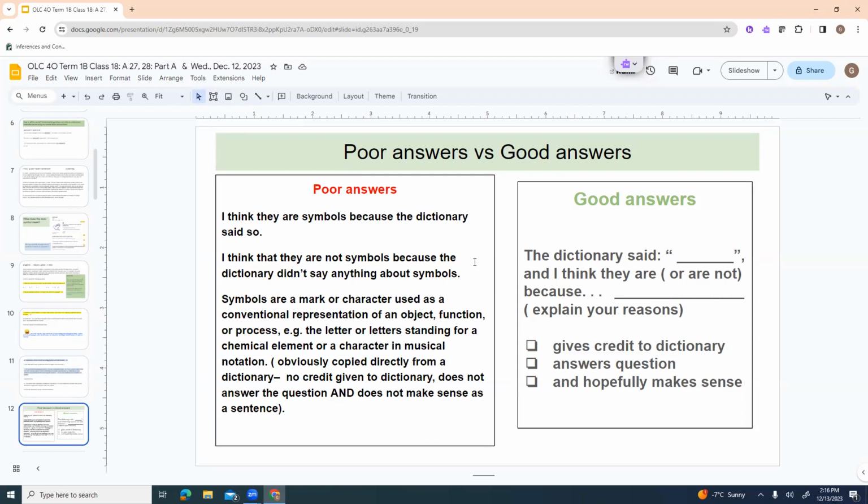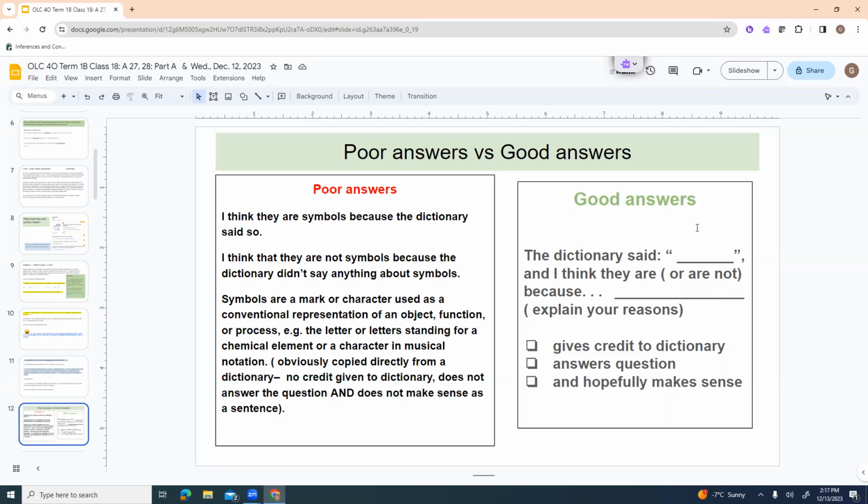That doesn't really answer our question, and it doesn't make sense as a sentence. It's not grammatical. Dictionaries don't write grammatical sentences. They write a short form that's a very specific style to dictionaries. When people copy that and put it here, I can always tell, it looks very obvious. So please don't. You don't get the marks if you do that.